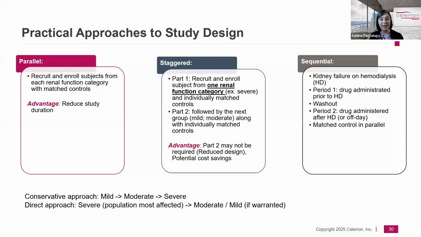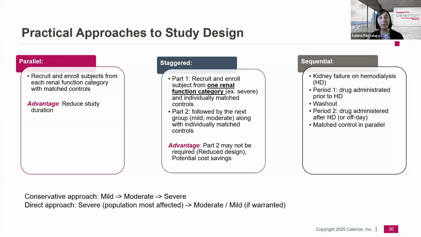The advantage of this approach is that you might not need to move on to part 2, and then you end up with a reduced design, and there are potential cost savings there. And then a sequential design is typically used with 2 periods for a renal replacement therapy type study, where the patient is given the study drug on and off the dialysis day.